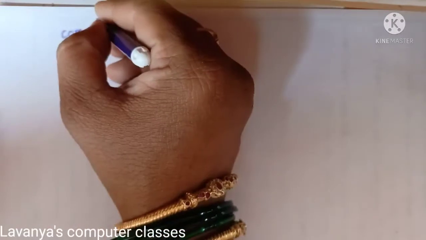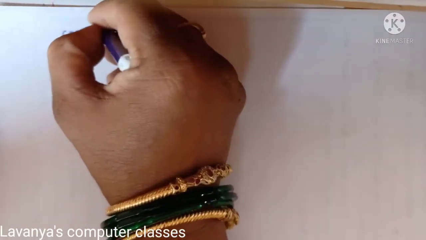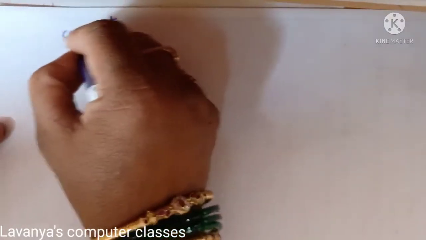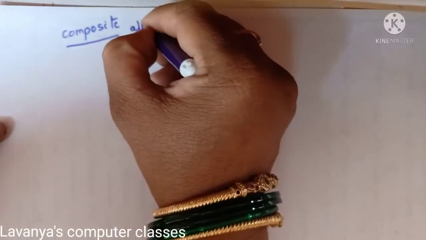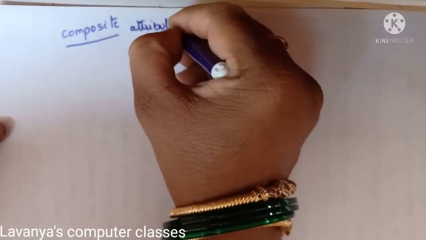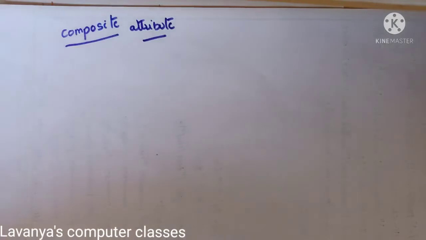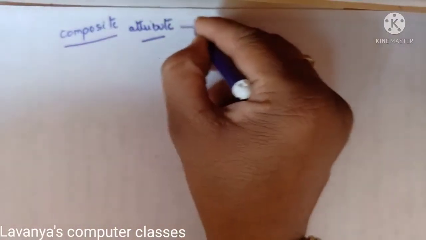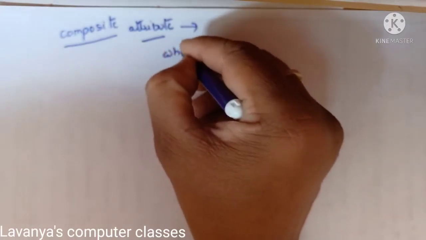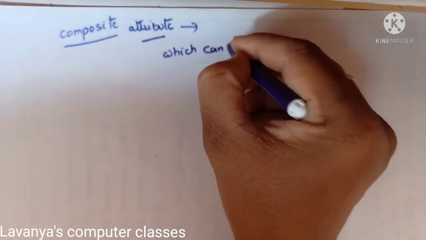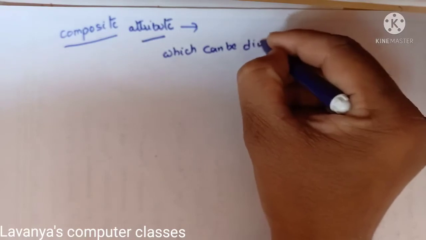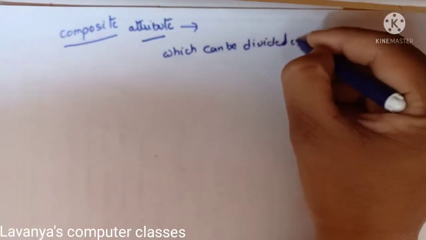Now I will explain one more attribute, the composite attribute. What is the meaning of composite attribute? A composite attribute is an attribute that can be divided into subparts, which can be broken down into many parts.